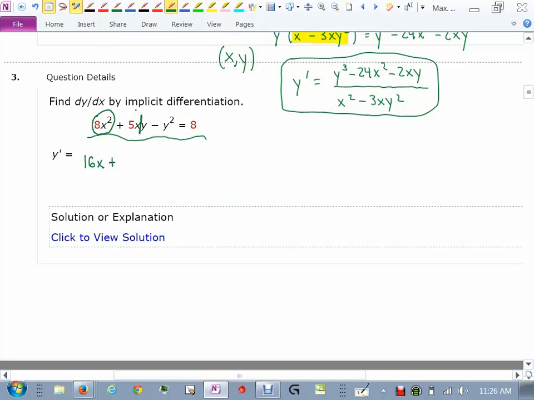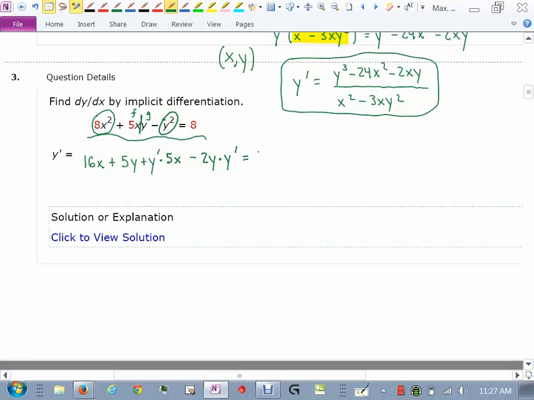That's a product rule. My f is 5x. My g is y. So derivative of a product is the derivative of f, so derivative of 5x is 5 times g plus the derivative of g, which means derivative of y. So I'm going to say y prime times f, which is 5x. So that takes care of the middle term. And then I have minus the derivative of y squared. Again, y is our dependent variable, so this is going to be 2y, and then chain rule, derivative of y inside is y prime.